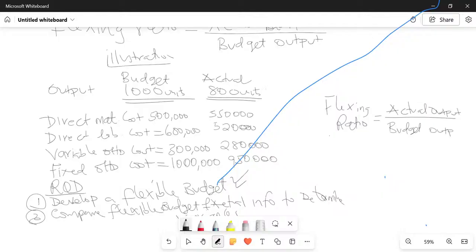At times they use the word production, so it will be actual production over budgeted production. So if they change the words, they shall never confuse you. The actual output, I'll pull from the actual 800, divided by 1,000, which will give us 0.8.